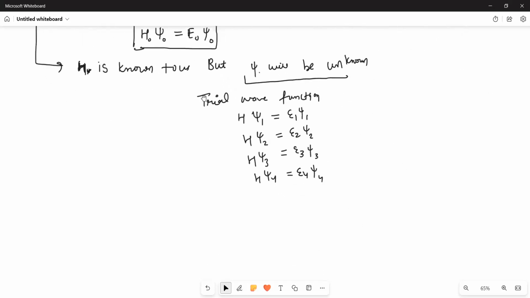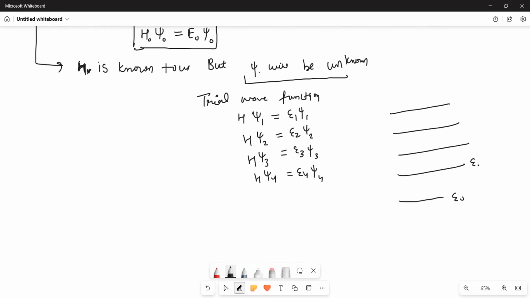Suppose this level represents E naught, and these are the energies that we are getting from the trial wave functions. Suppose this is E3, this is E1, this is E2, and here we are getting E4. So students, the energy that will be close to E naught, the corresponding wave function will be the best approximation to that system.